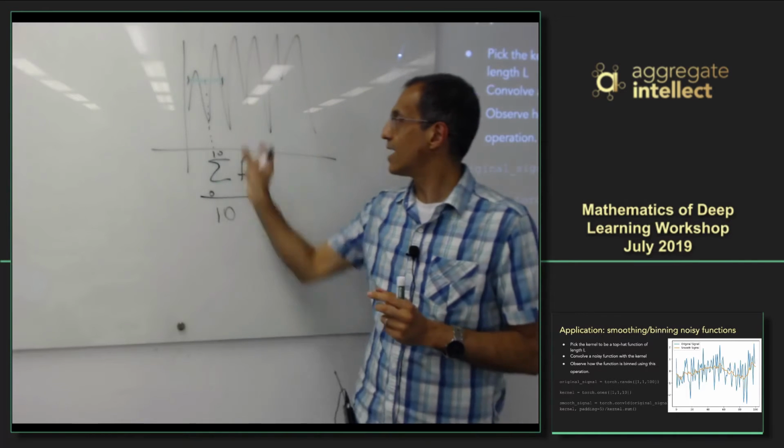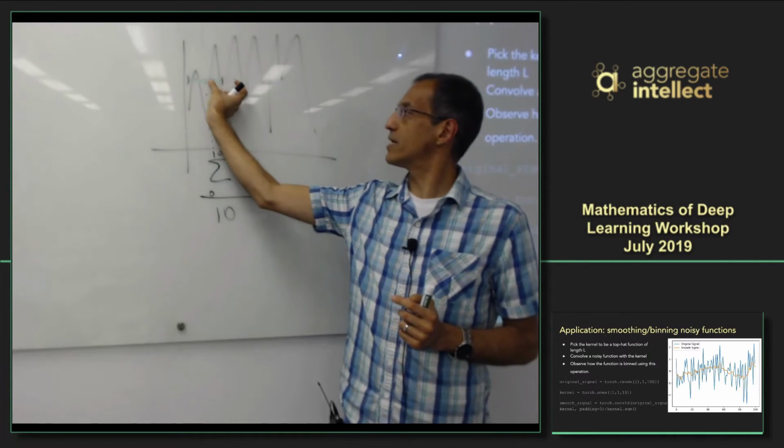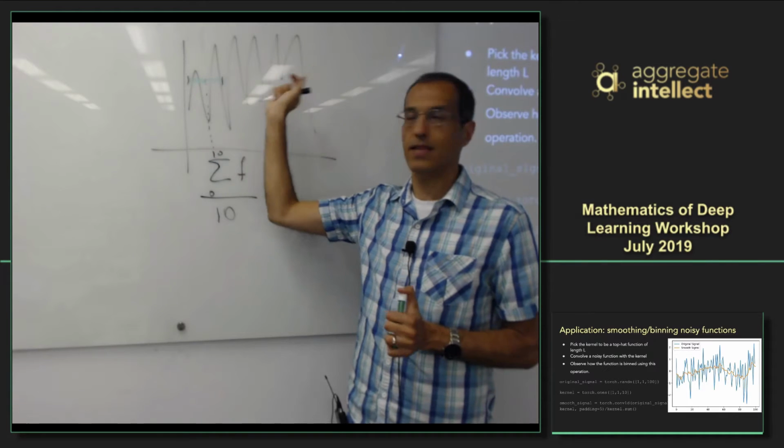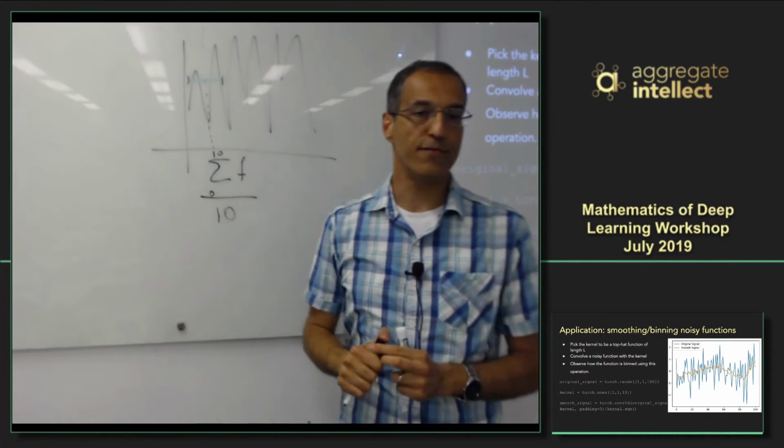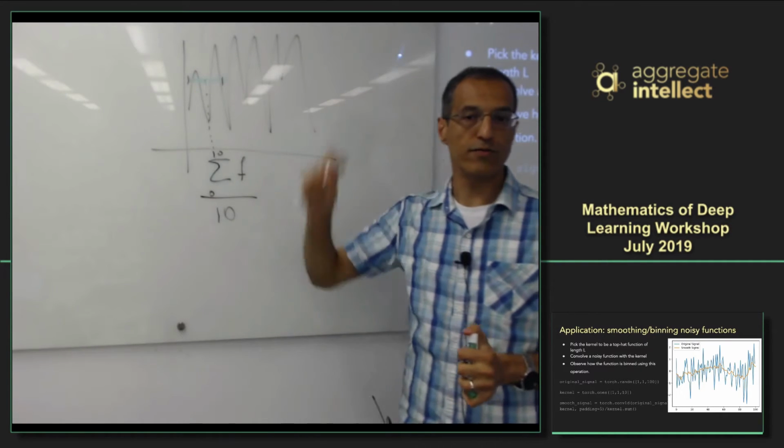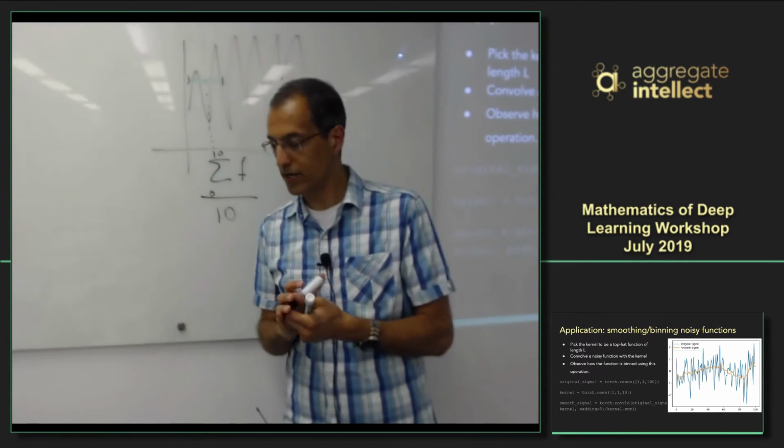All right? And then I started sliding it one by one, and I repeated that, and that gave me the average of my function over the whole interval, right?